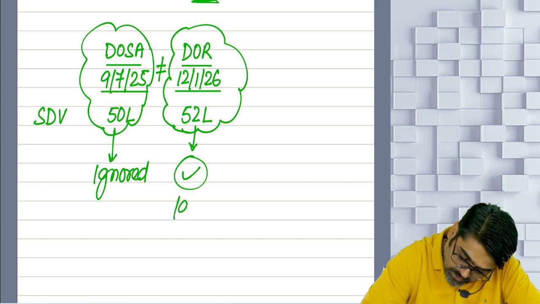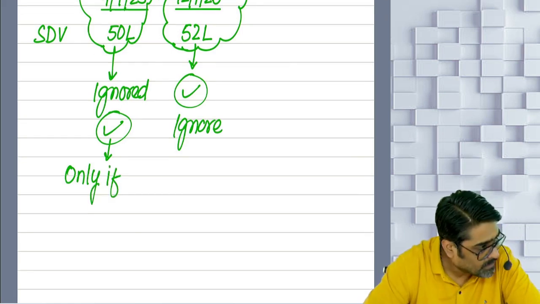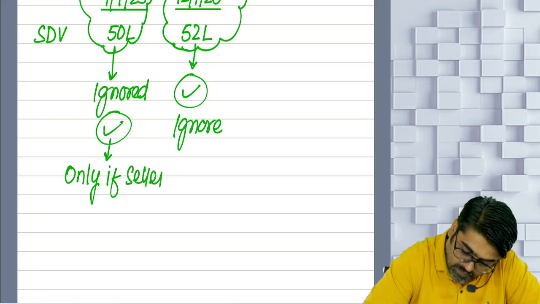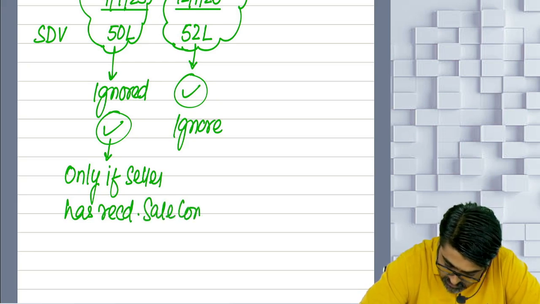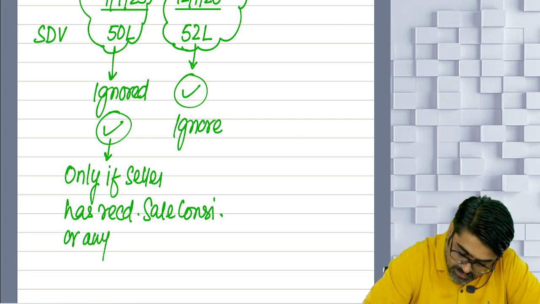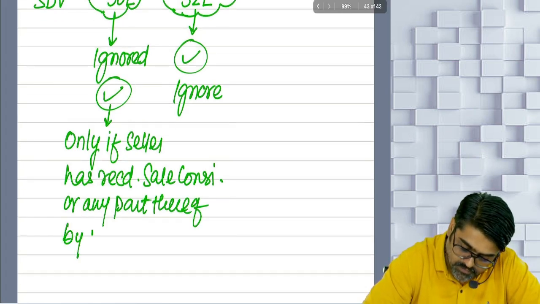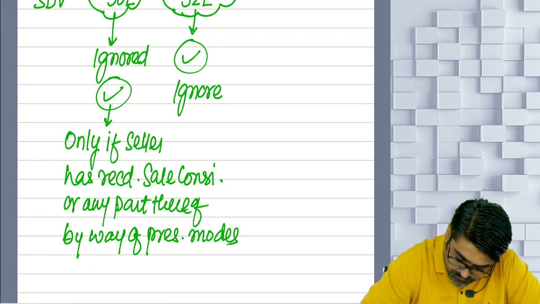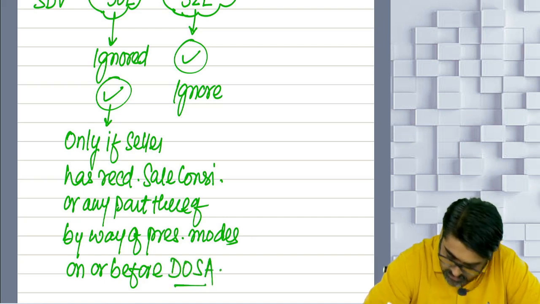But you ignore this and take this stamp duty value in only one case: only if the buyer or seller has received the sale consideration or any part thereof, by way of prescribed modes, on or before DOSA, the date of sale agreement.